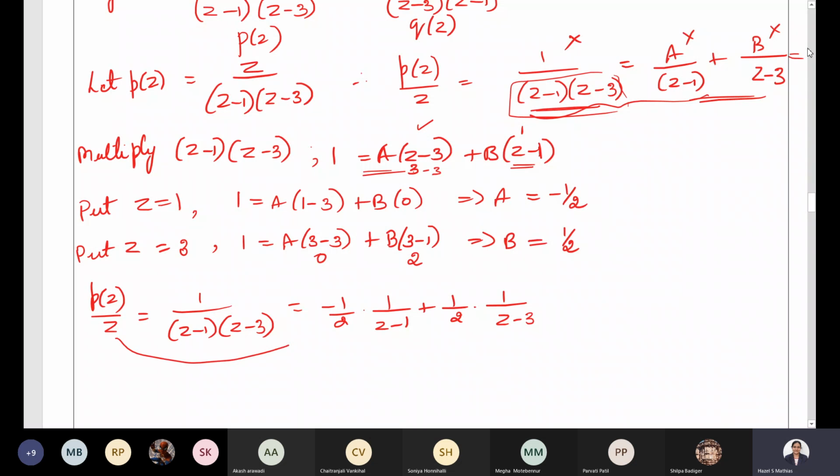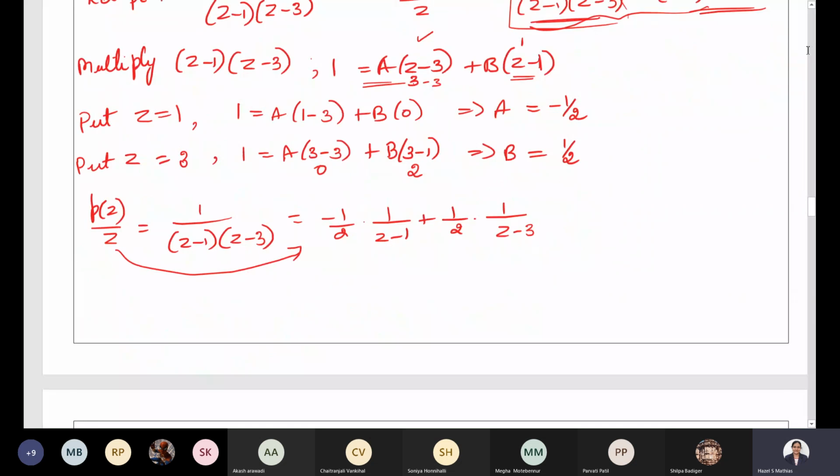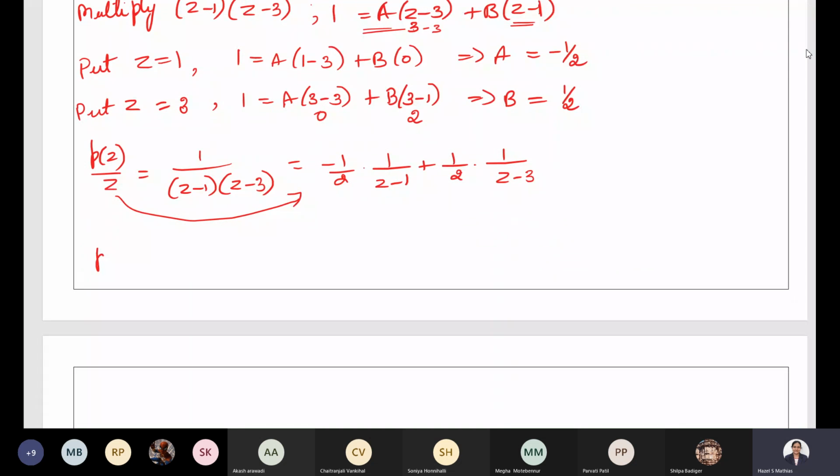This is P of z divided by z. So let's find P of z. What is P of z? Multiply by z everywhere. So it's minus half into z by z minus 1 plus half into z by z minus 3, because we have to find P of z. This was P of z by z. That's why we multiply by z on both sides.